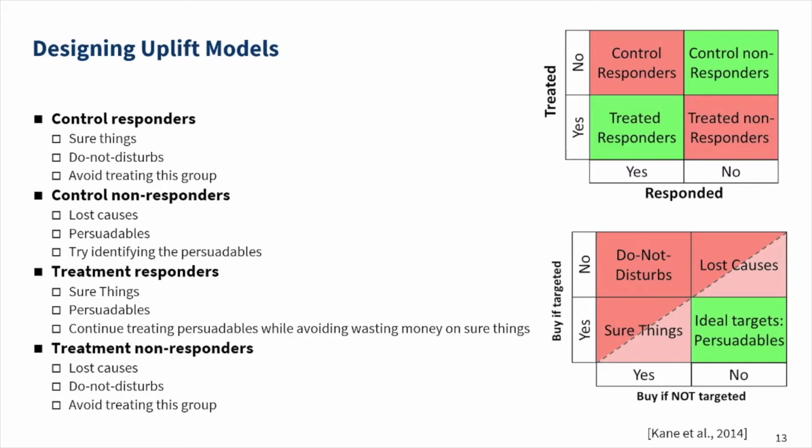For example, the persuadables, those customers we are really interested in. From our campaign, we observe whether somebody responds to the campaign, redeems the voucher, let's say, or the coupon. That we observe. We do not know, however, for those who redeem the coupon, whether they would have bought otherwise. Well, one step back. If they redeem the coupon, they buy.